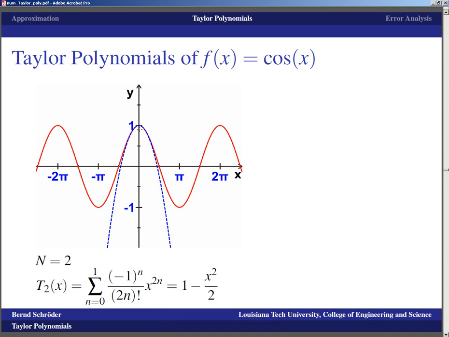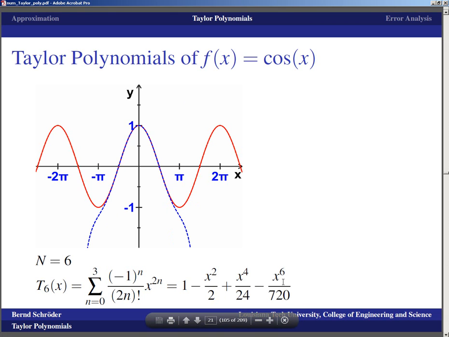That gives us a parabola that already approximates the cosine function very nicely, right? Also note that the summation goes from 0 to 1 because we're going in steps of 2 anyway. That's encoded into the formula. If we're looking at the fourth order Taylor polynomial, we get an even better fit. Sixth order Taylor polynomial gets longer.